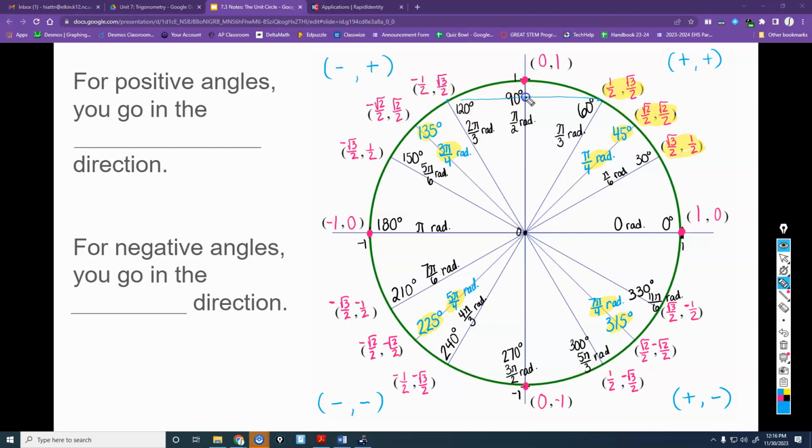They should have the same y-coordinate, right? Their y's should be the same. I don't draw on this too much because I'll make it crazy looking. But if we look at these 2 points, they should have the same y-coordinate. These 2 right here, they should have the same y-coordinate. These 2 right here should have the same y-coordinate. If you go straight across, those should have the same y-coordinate. X-coordinates will be flipped. The sign will be flipped because they're on opposite sides there.